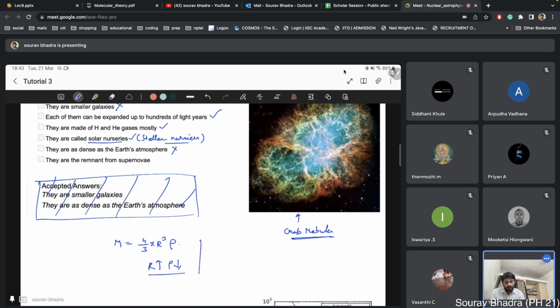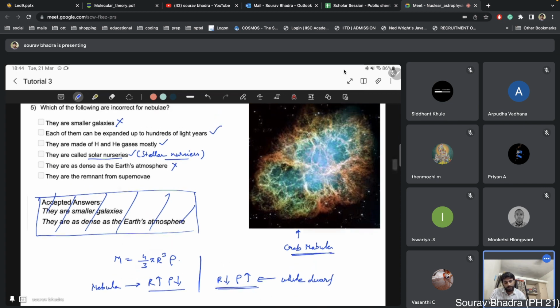And vice versa, if your r is very low, then your density will be very high. Our nebula generally follows this: the radius is very high but the density is very low. The opposite situation is for a white dwarf. So nebula and white dwarf are on entirely opposite ends of a seesaw, you can say.